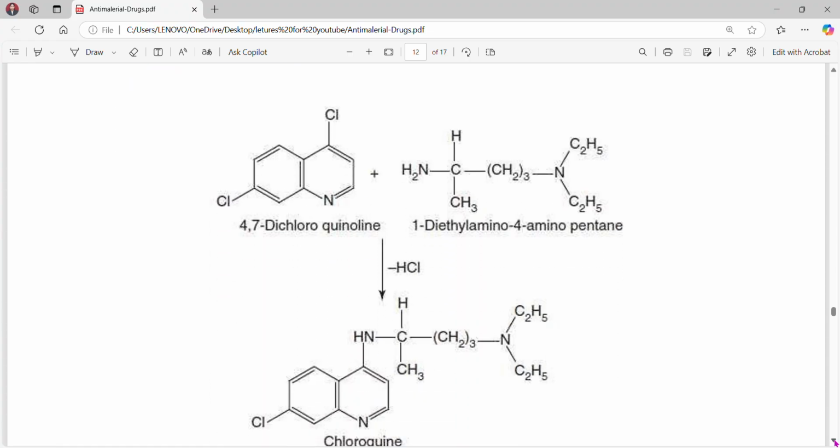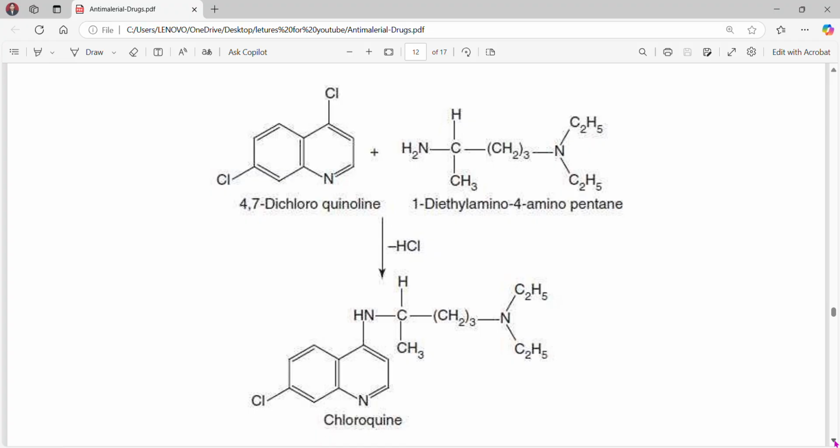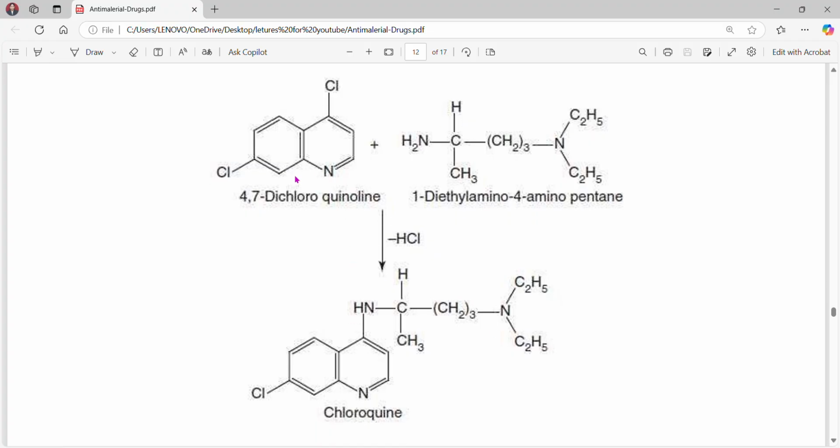Now there is a synthesis of chloroquine which is there in the syllabus, in which 4,7-dichloroquinoline reacts with the 1-diethylamino 4-amino pentane adduct.